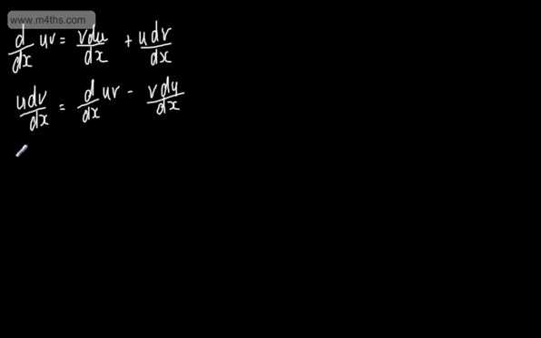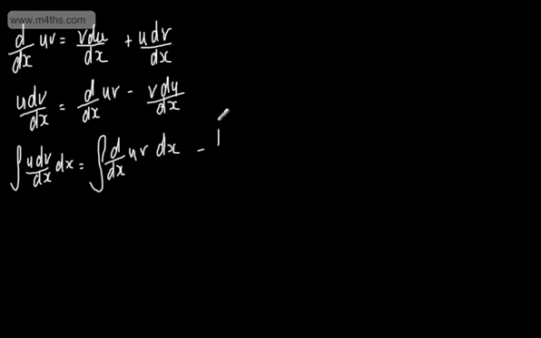I'm now going to integrate both sides of this with respect to x. So the integral of u dv/dx will be equal to the integral of d/dx of uv, integrating this with respect to x, minus the integral of v du/dx.